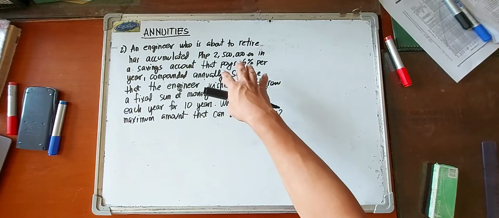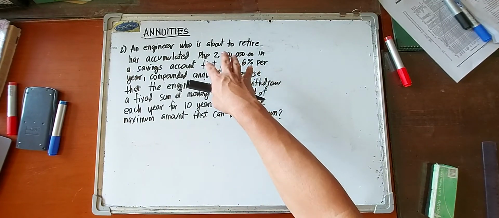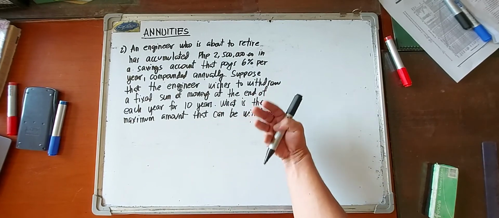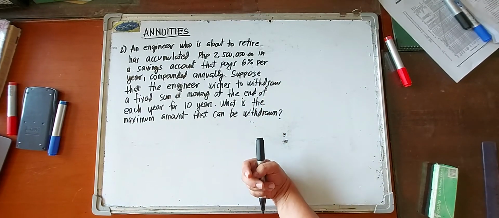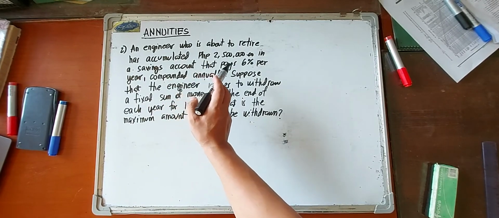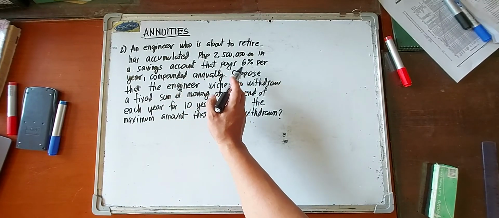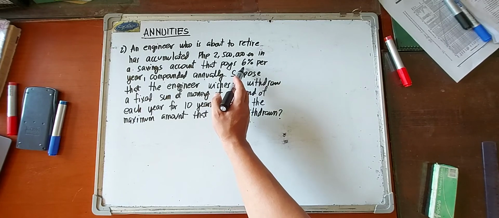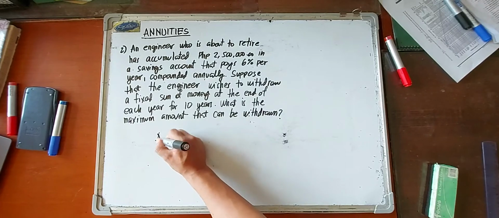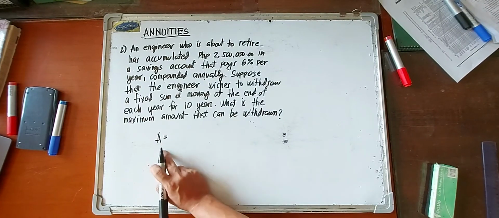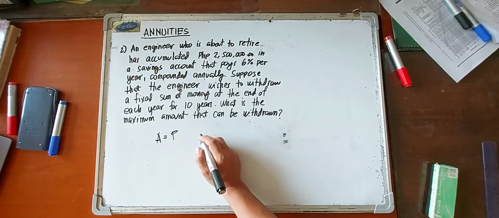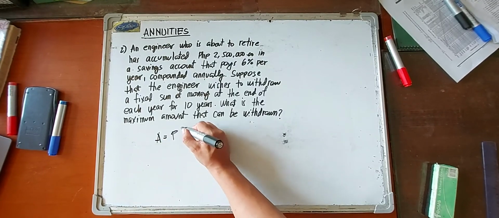So, given yung present worth, what would be the annual, since annual naman ito, annual payment na marireceive niya for 10 years with a rate of 6%. No? Yung interest rate natin na 6% per year. Okay, so we are solving for the periodic payment or the annual payment given the present worth.